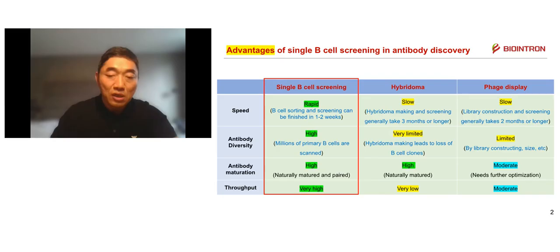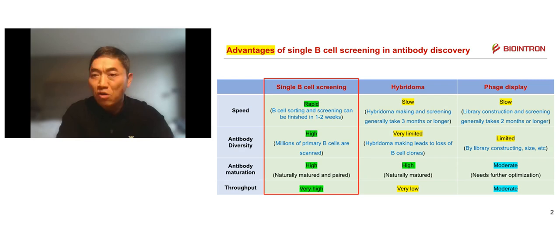So why do we say single B cell screening in antibody discovery is advantageous? We can tell from these points. First is speed. As I said, hybridoma making and screening generally take like 3 months or longer.